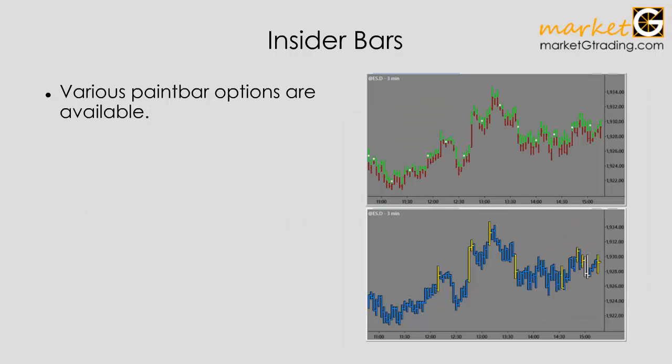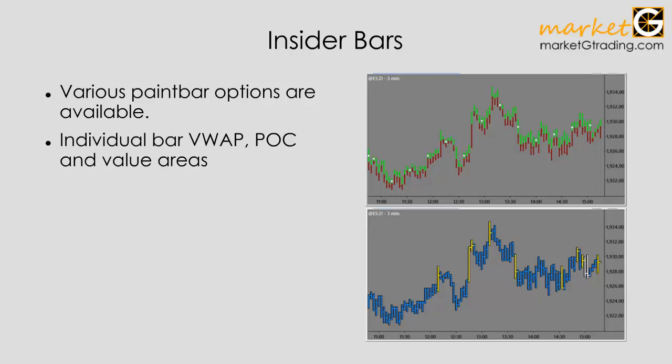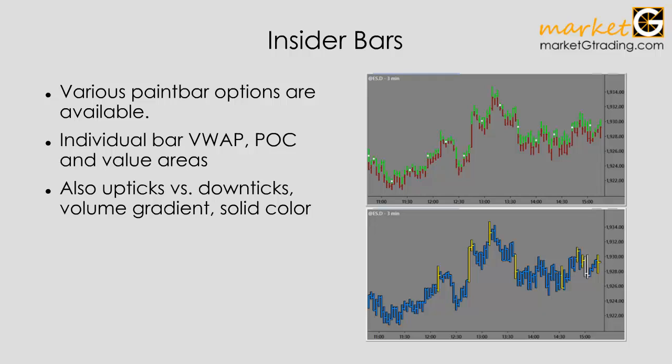Various paint bar options are available. Individual bar, volume weighted average price, point of control, and value areas are part of it. Also upticks versus downticks, volume gradient, and solid colors. And sometimes you want to outline the paint bar to make it easier to see with a lot of the busyness that comes with order flow analysis.